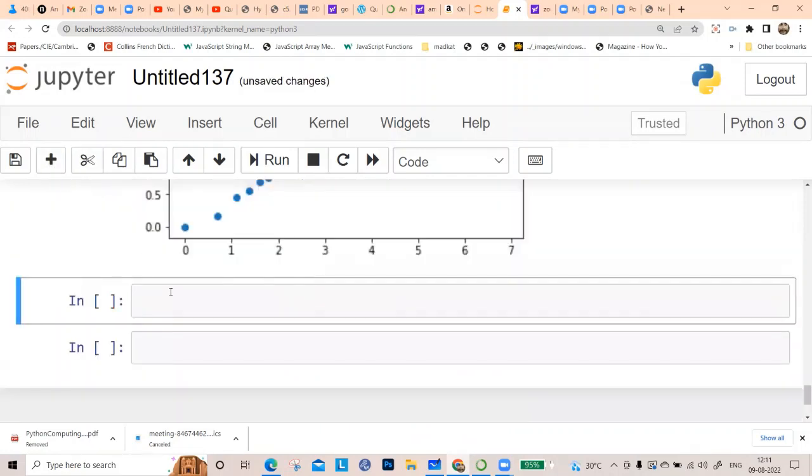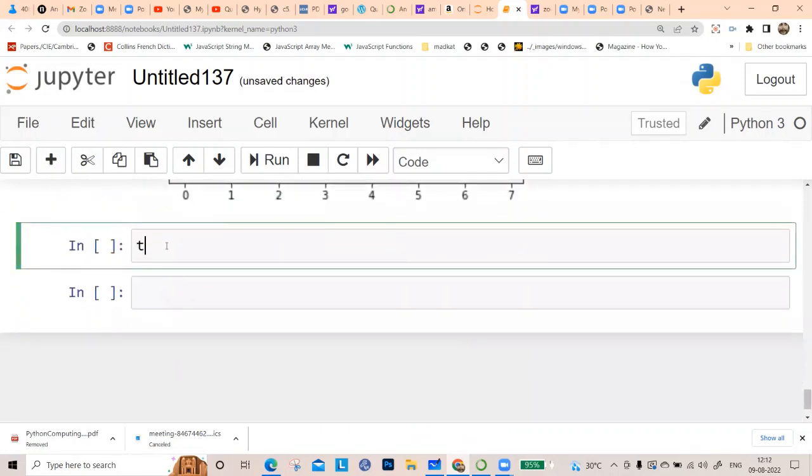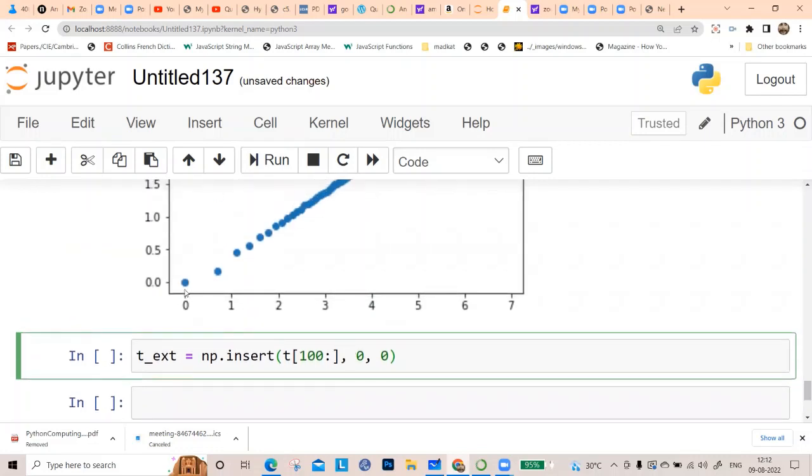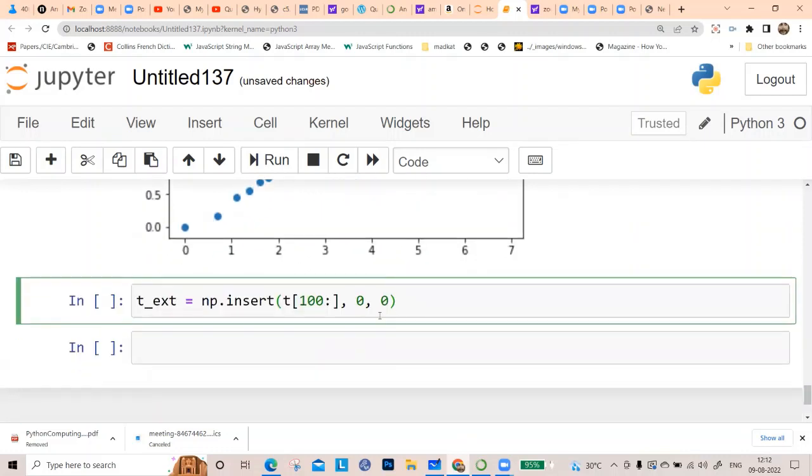You can write T extended, that is np.insert, T 100 this, and at 0 you put 0. So I want at the first position 0. That means I want to draw the line from 0.